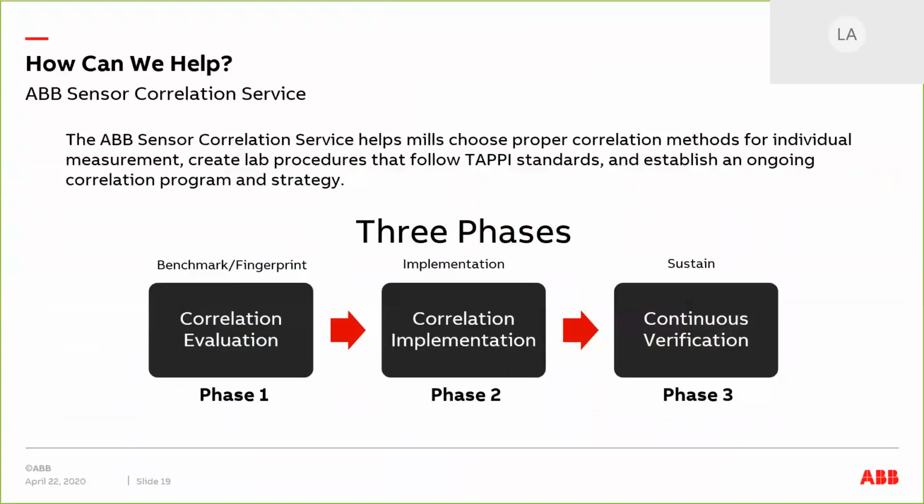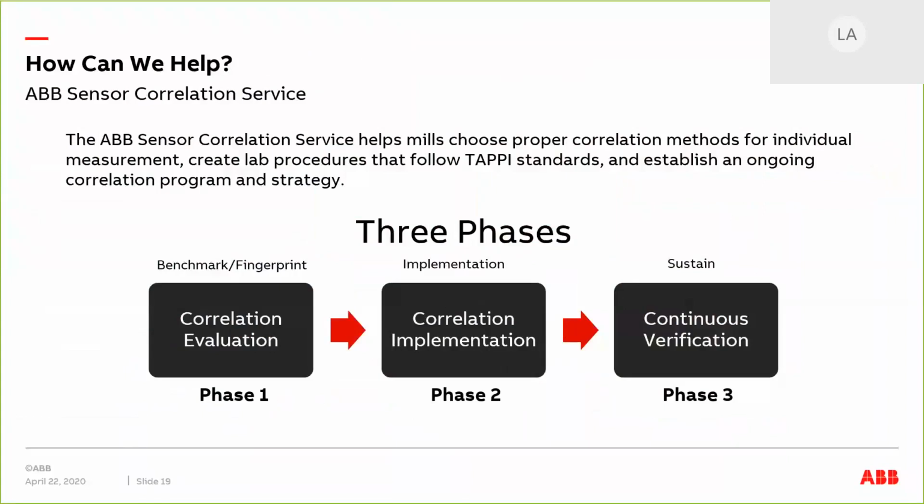So I just want to let you know that there are solutions to your problems, to your challenges. We want to help you. We want to be your partners to help you get a good correlation program. If you don't have one, we'd like to help you have a good correlation program in place. If you have one, what can we do to help you improve it so that you do get accurate measurements from your online sensors?